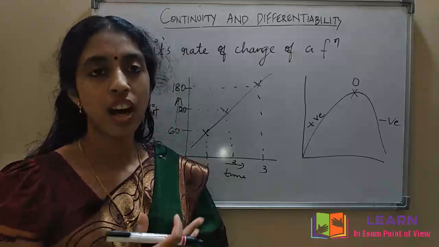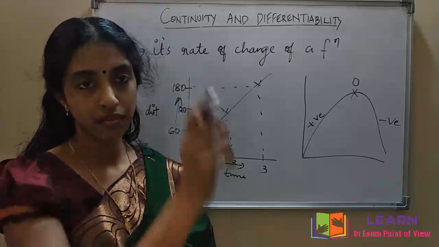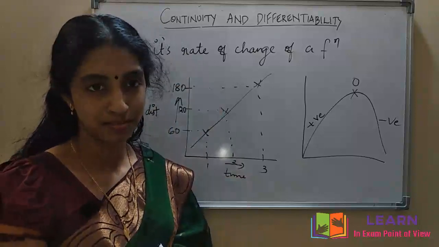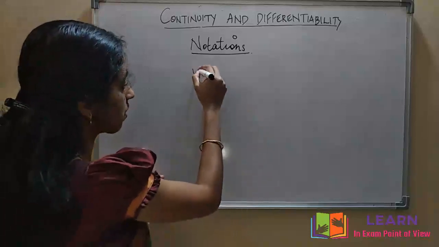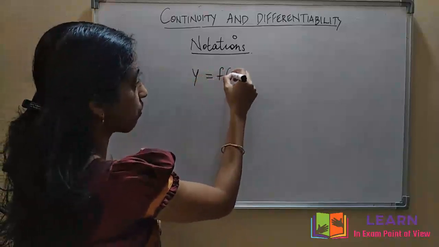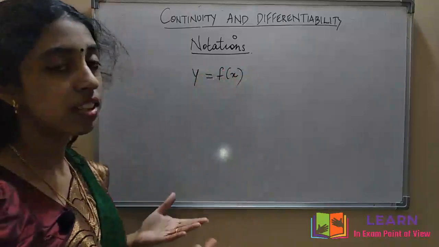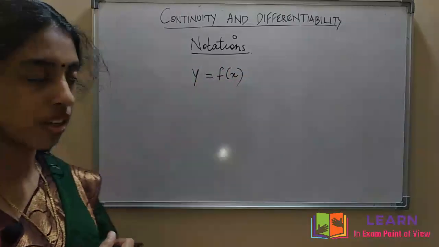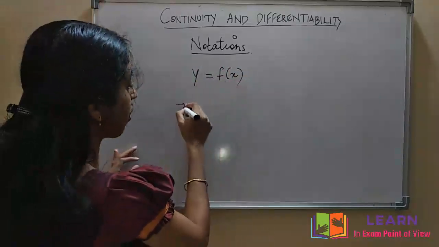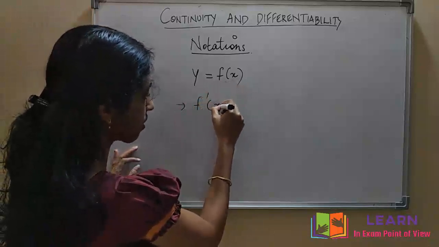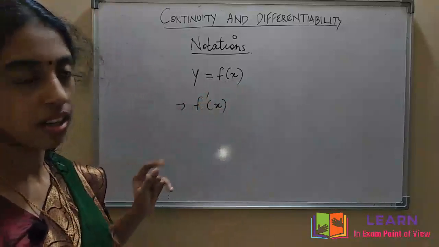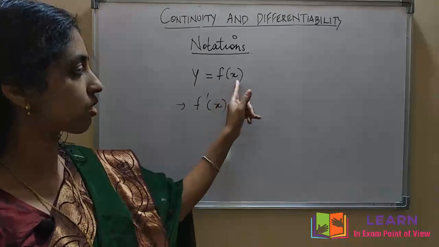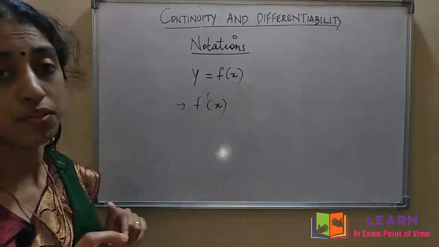So we can check how we denote differentiation. Students, if y equal to f of x is a function, what are the notations of differentiation? First, f dash of x is one notation, that is, differentiating this function, we denote it as f dash of x.